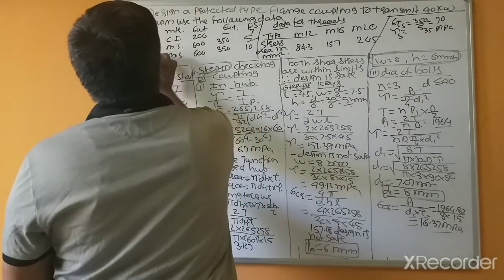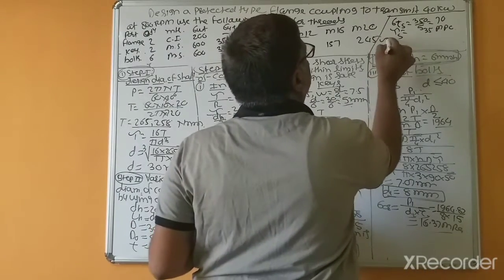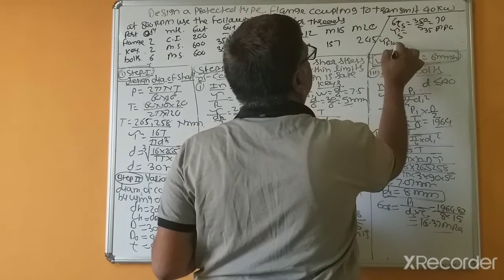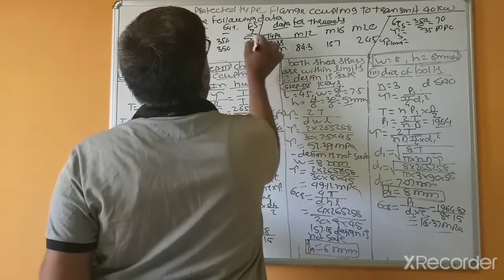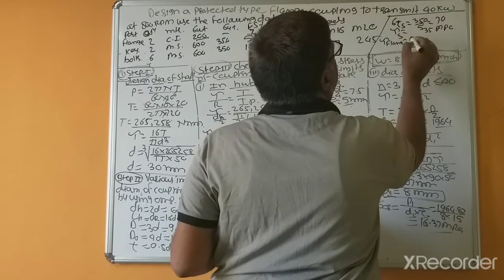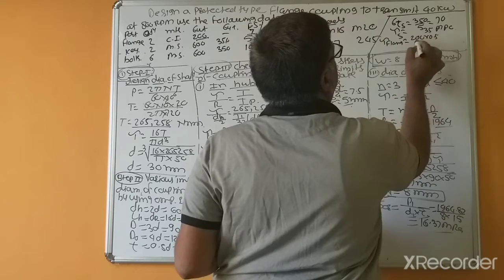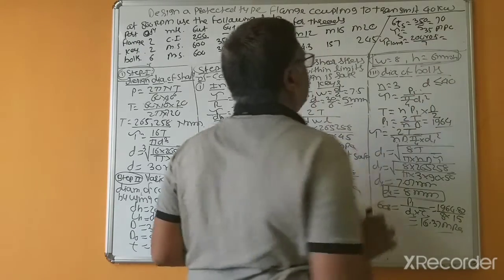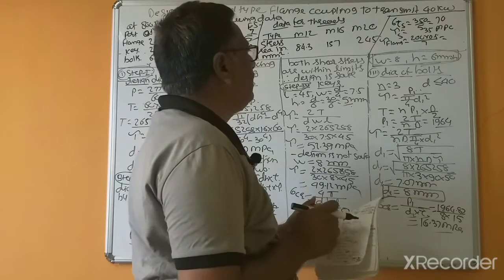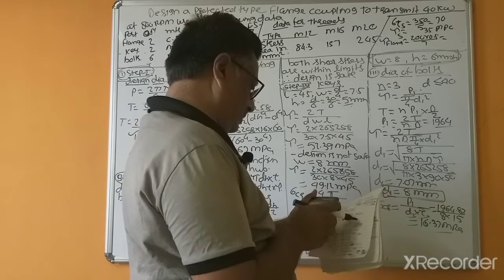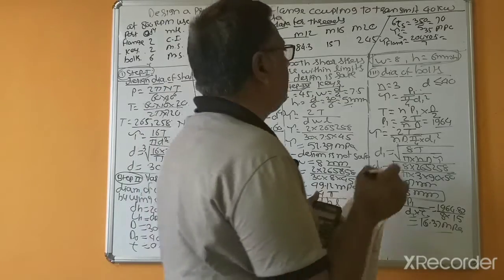And for the key, for the flange, tau for the flange, this is 207. 200 multiplied by 0.5 divided by 7, 100 divided by 7, 14.28.